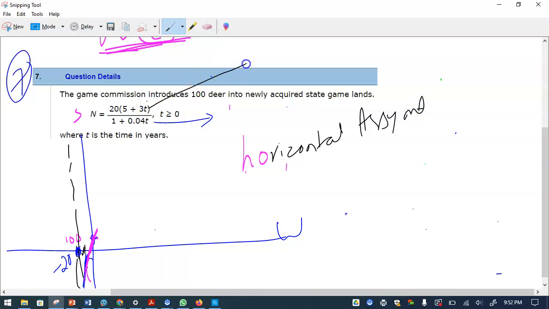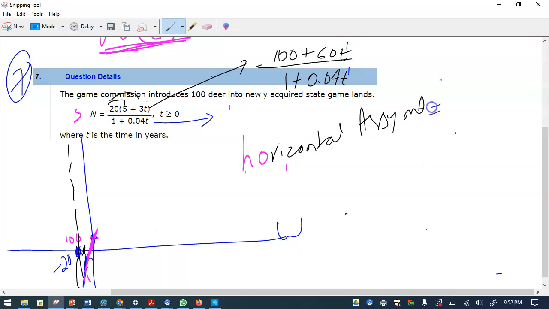The numerator can be written as 20 times 5 plus 3t, which is 100 plus 60t, and the denominator is 1 plus 0.04t. So you can see the degree for both numerator and denominator is 1.